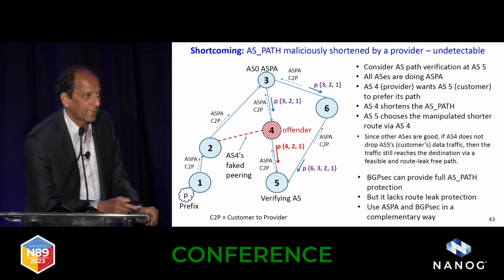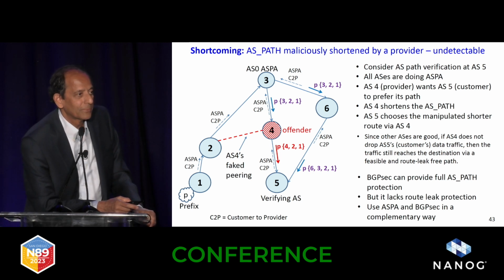In that case, the path algorithm determines it to be valid. So this basically means that 4 must sign an ASPA that includes 2 as its provider. Then the AS path would look like 2 is the top, the root of the tree.